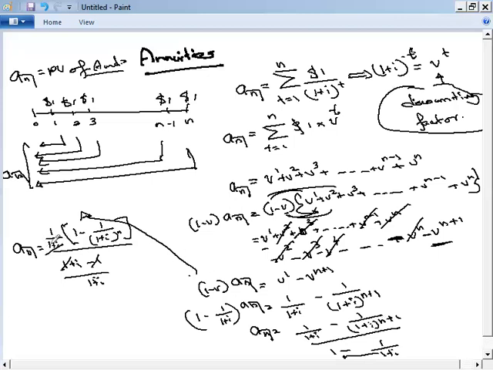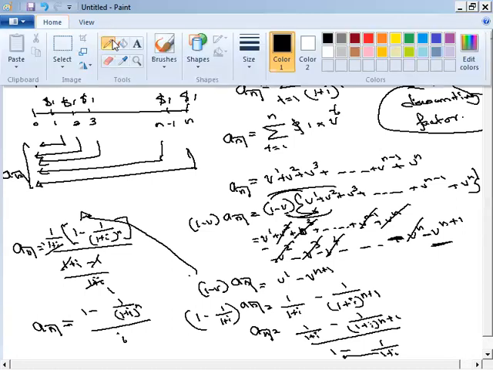So we can further simplify this. This is getting cancelled out, and we are left with a_n equals 1 minus 1 over (1 plus i) to the power n, over i. So this is the formula, the present value of an annuity up to n terms.